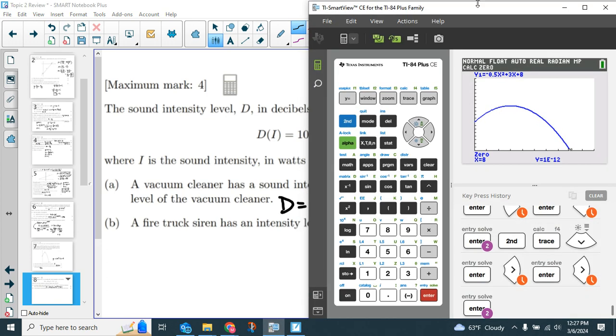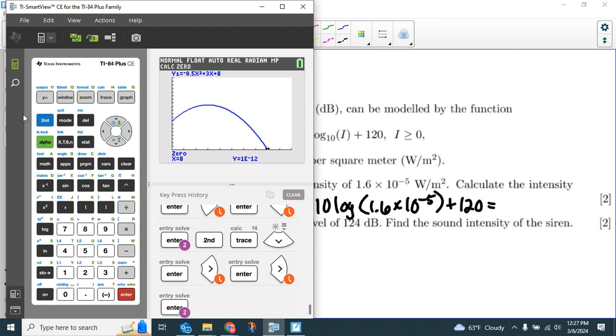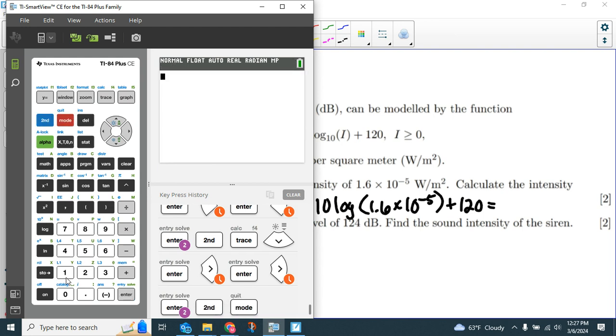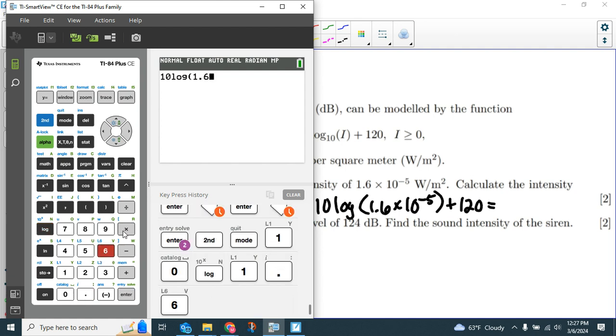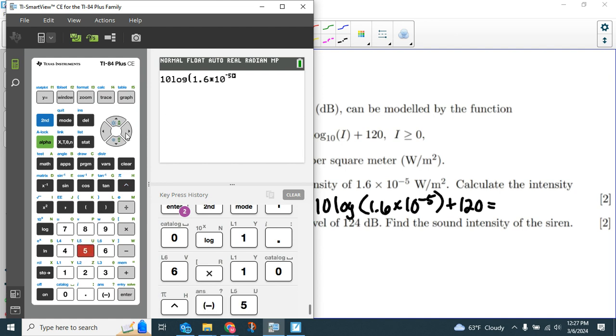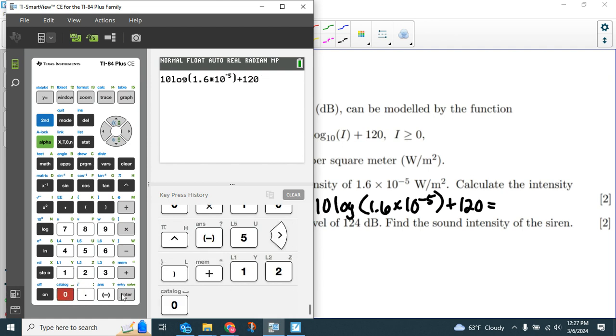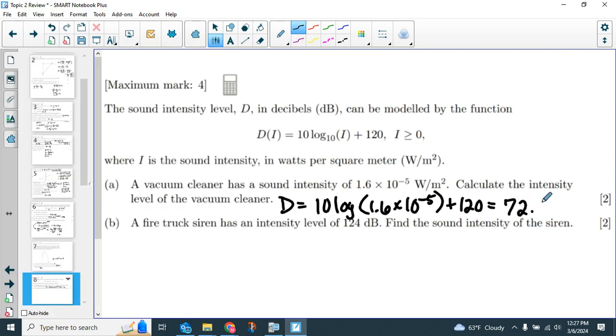Again, we would just plug this into a handy dandy calculator. Boom. 72 to 3 sig figs, 72.0. Which would be decibels, I guess.